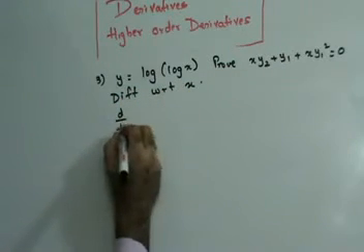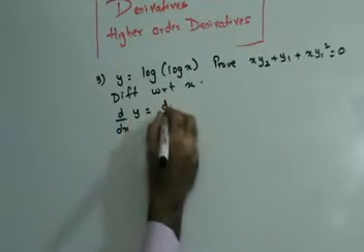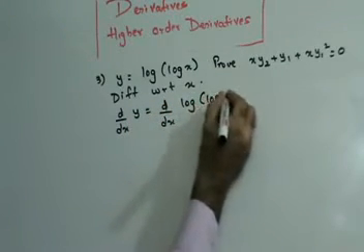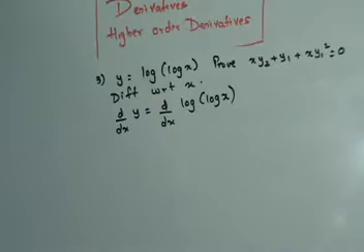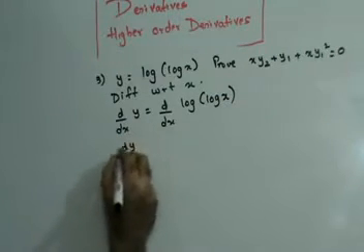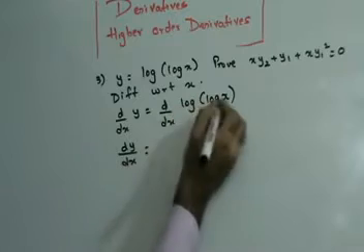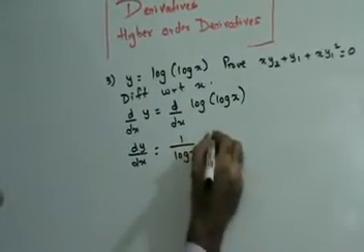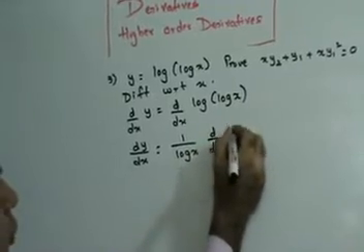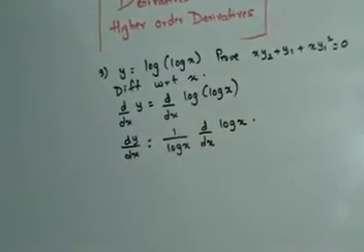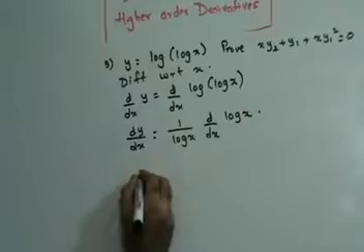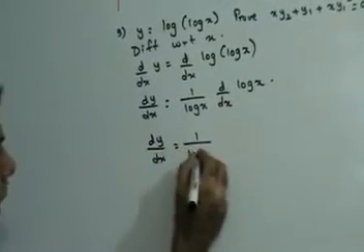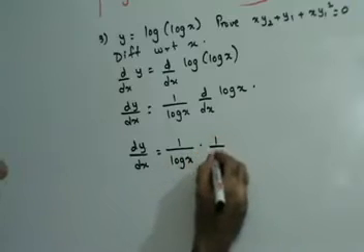So you will get d/dx of y is d/dx of log(log x). Now I'll say for dy/dx of log u, it is 1 upon u times d/dx of u. Now I can say that dy/dx is 1 upon log x into 1 upon x.